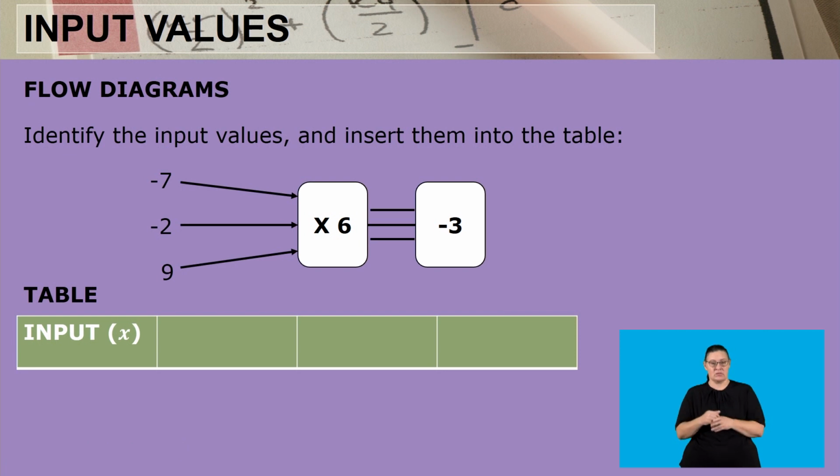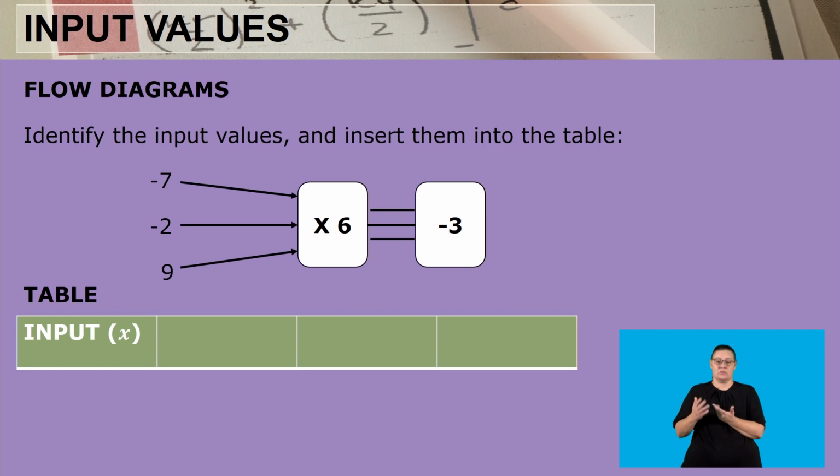Now, looking at this flow diagram, again, we need to identify those input values. But as you can see, we don't only have one part of a rule, but two parts. Whatever values we put in are going to be multiplied by 6, and then 3 is going to be subtracted from that product.